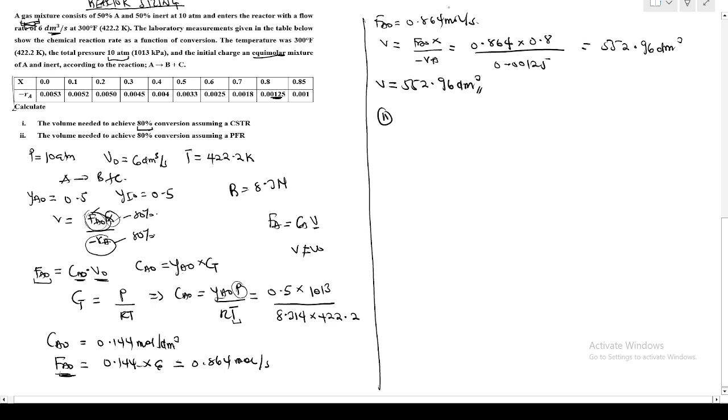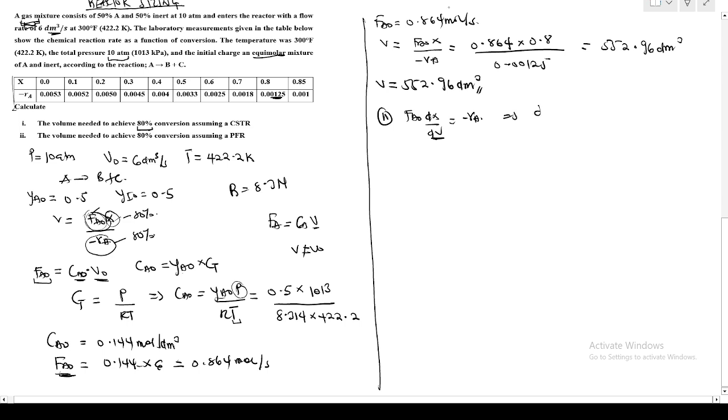Now the second part is that we should assume a PFR. So the first thing to do is again write the design equation of a PFR, which is a plug flow reactor. With the PFR, the design equation is FA naught dX/dV should be equal to minus RA. And then we need our volume.